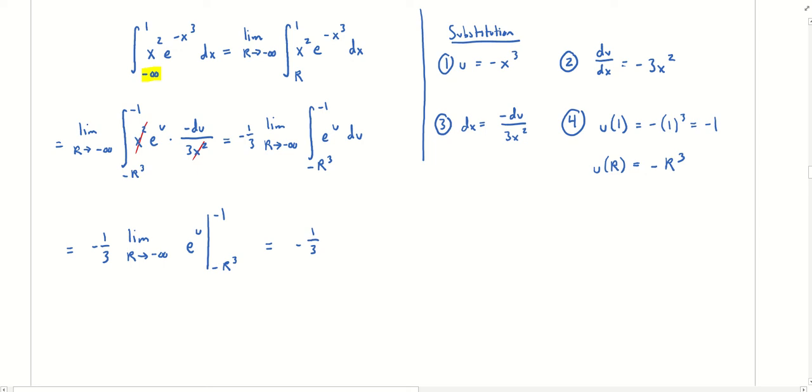Okay, so I'm still carting around that negative 1/3. This is the limit as r goes to negative infinity. And now, using the evaluation theorem, this is e to the negative 1 minus e to the negative r cubed.